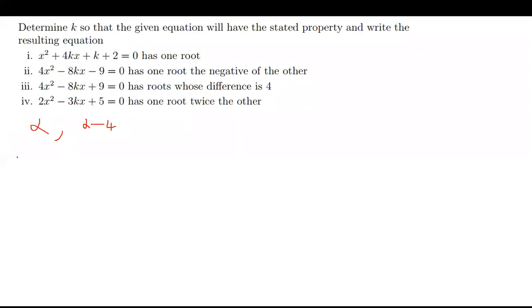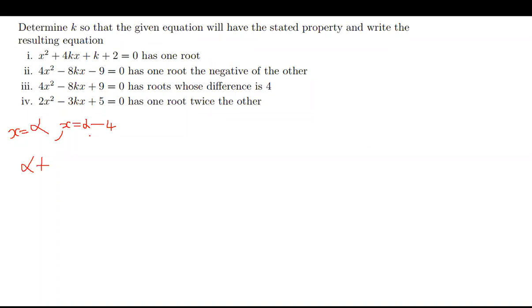And then you can write them now in terms of roots. So x is equal to this, or x is equal to alpha minus 4. So now from there, we can try to find our alpha plus beta.